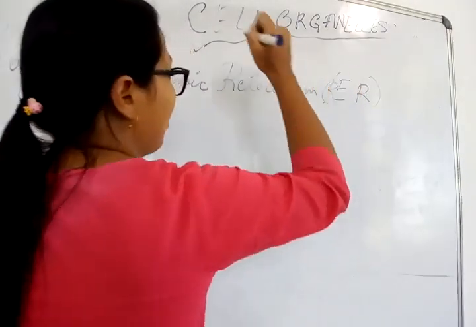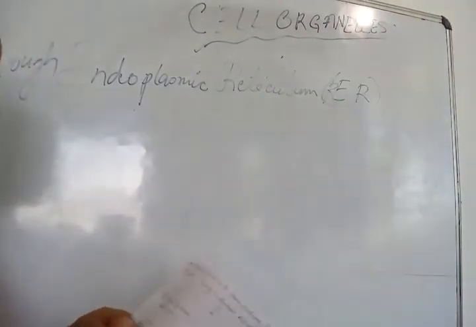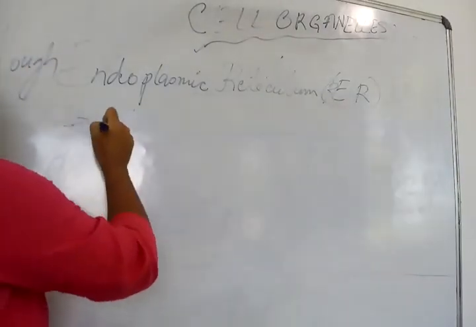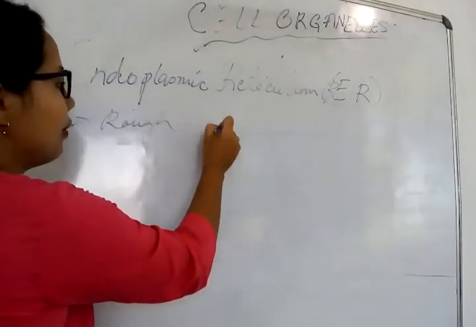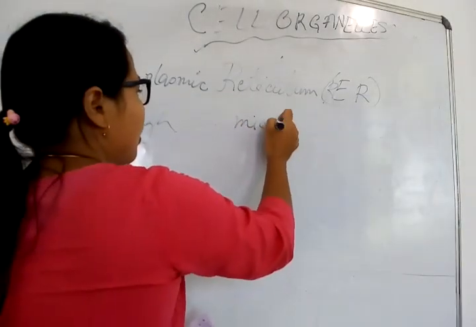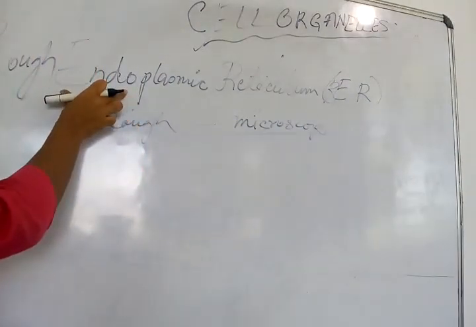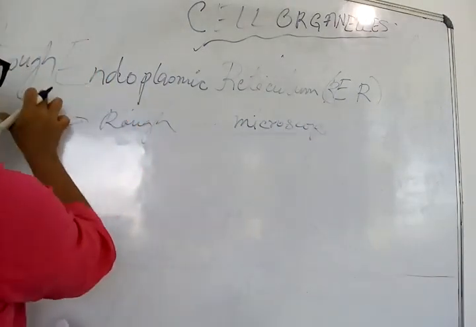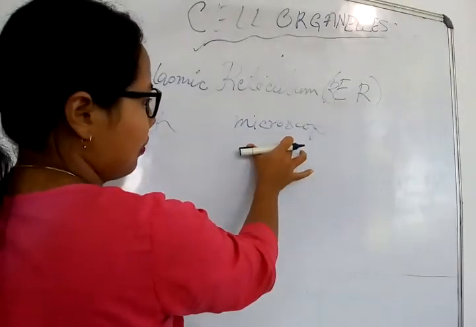Let us study rough endoplasmic reticulum first. How does it look? It looks rough, as already said in the name itself. They look rough when we observe under the microscope. If you observe rough endoplasmic reticulum, you will see it is rough under the microscope.